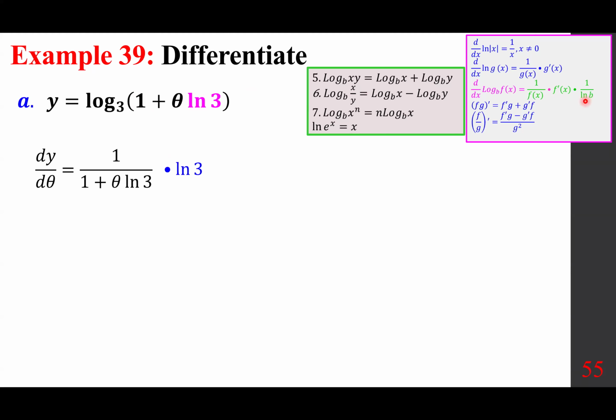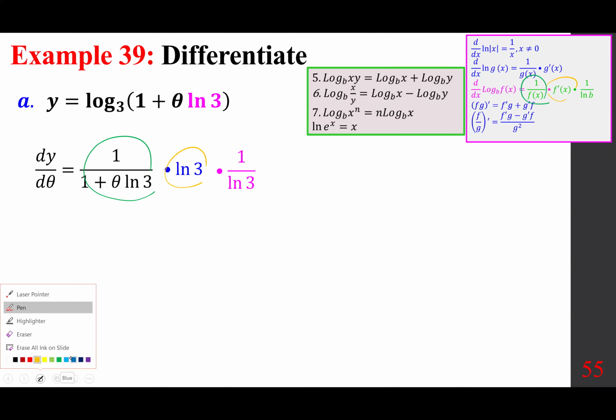Then 1 over ln b, 1 over ln 3. So I want to make sure we understand this. This part is this part. F prime is this part. One over ln b is this part.